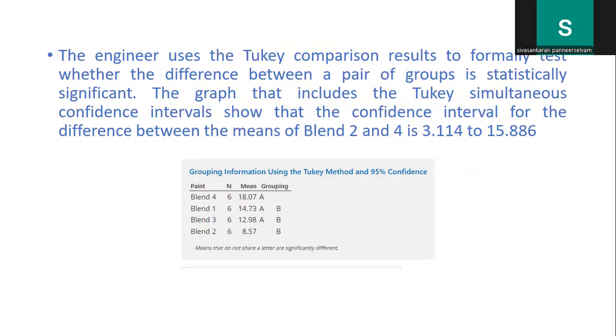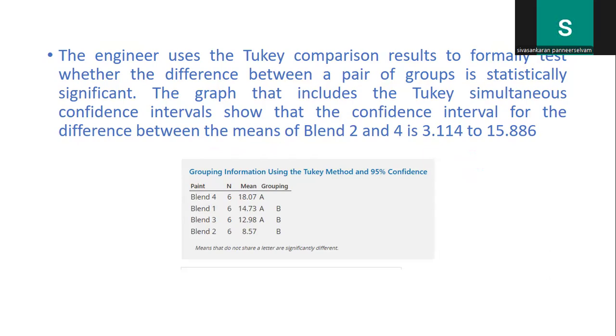So the engineer uses the Tukey comparison results to determine whether the difference between each pair of groups is statistically significant or not. From this table, blends 4 and 2 have a vast significant difference in terms of the range.